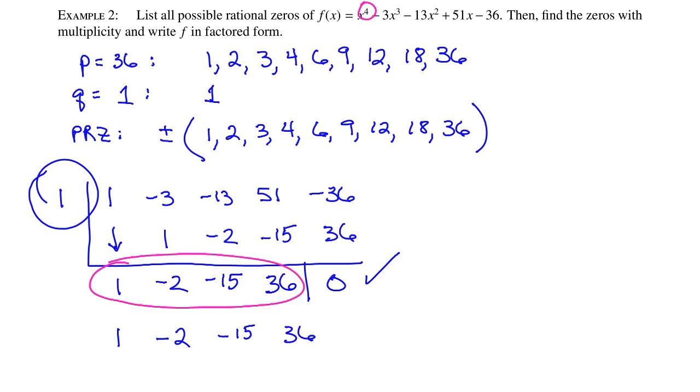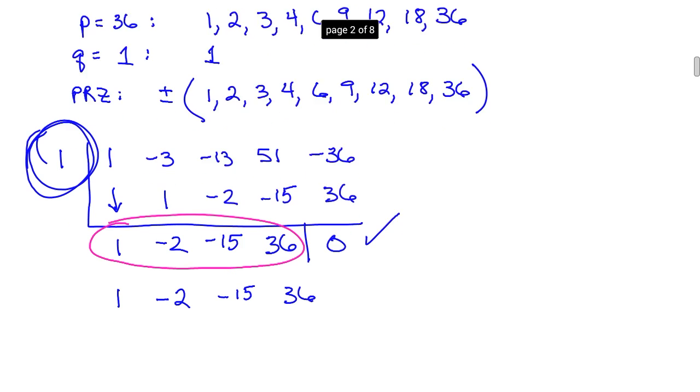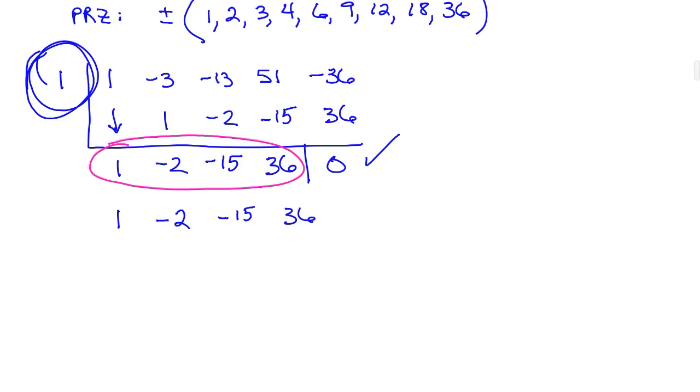Now remember that polynomials could have zeros with multiplicity. It could be 2, 3, or 4, or it could just be 1. Because 1 was a 0, it doesn't mean that it can't be a 0 again. So what I'm going to do is I'm going to pick up where we left off with this quotient that's now the dividend, and we're going to try 1 again. It may be a 0 with multiplicity 2 or more. So let's go on with this one.